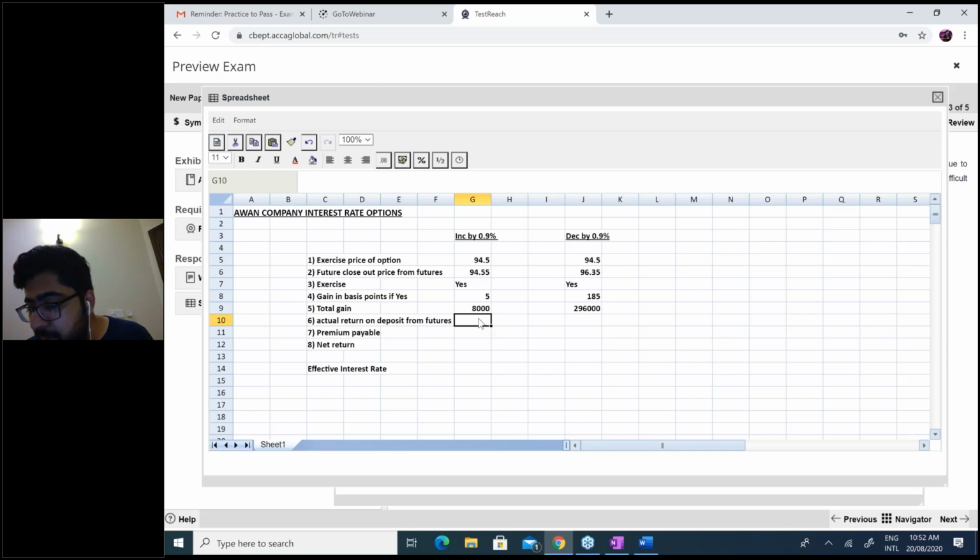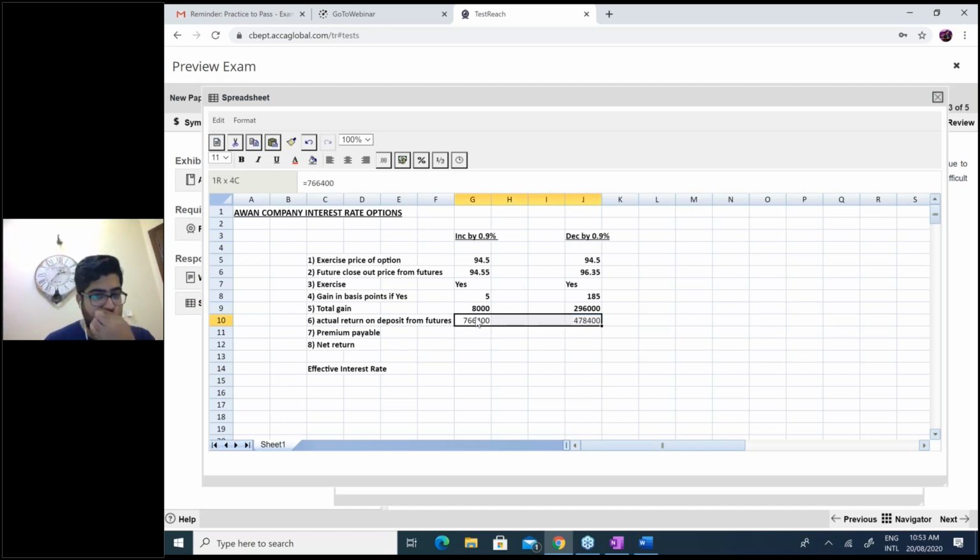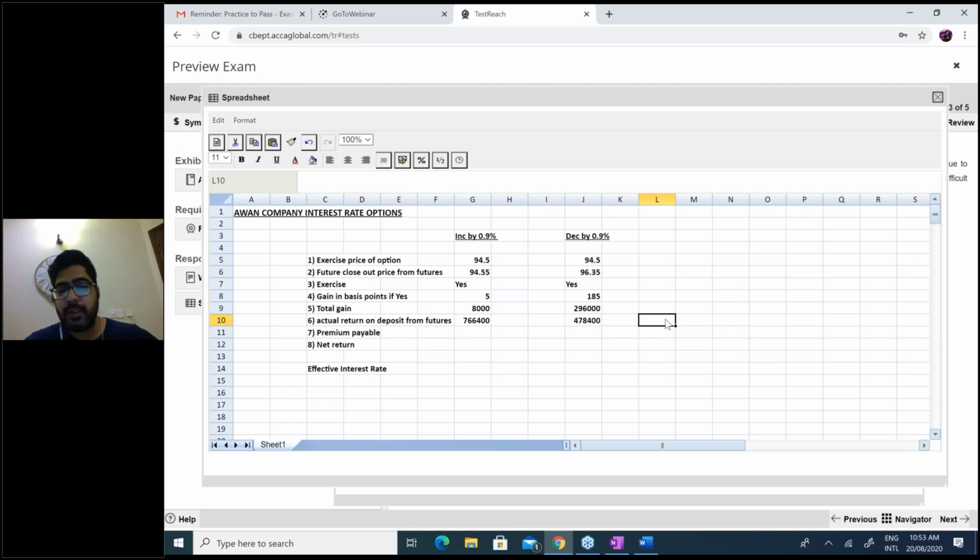In case of increase it was 766,400, and in case of decrease it was 470,400. If you don't want to just copy, you need to calculate it. Return on deposit is amount 48 million times 4.99, if it increases by 0.99, times 4 over 12.